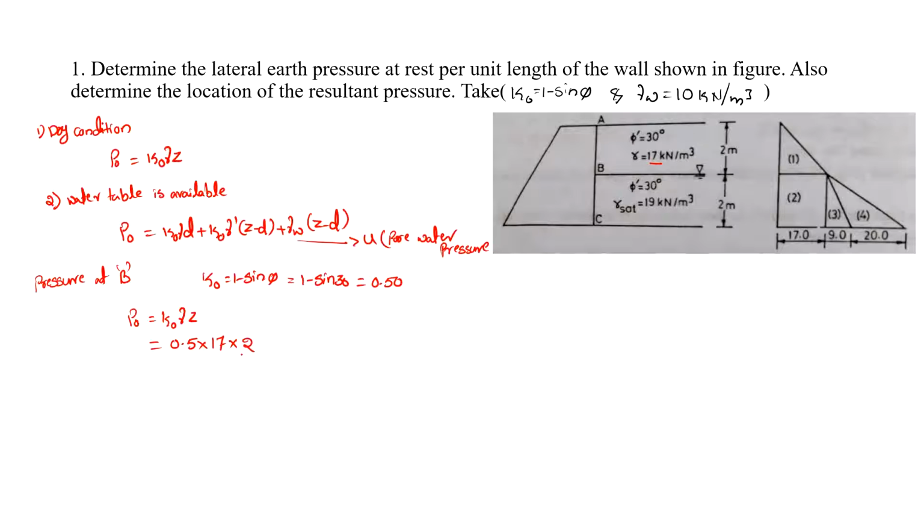So the pressure at point B is 17 kilonewton per meter square. We can observe the pressure distribution here, this 17.